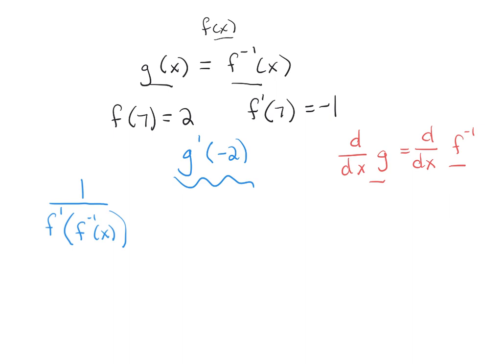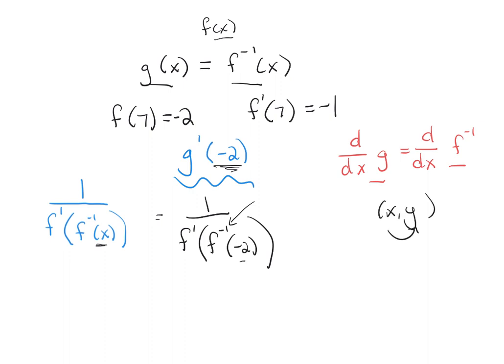I just realized a mistake: up here I was supposed to make that a negative. So I'm going to input this -2 in here. 1 over f prime of f -1 of -2. So I'm putting this x value in, but because it's an inverse function, remember the idea of switching x and y? This is f inverse of -2.